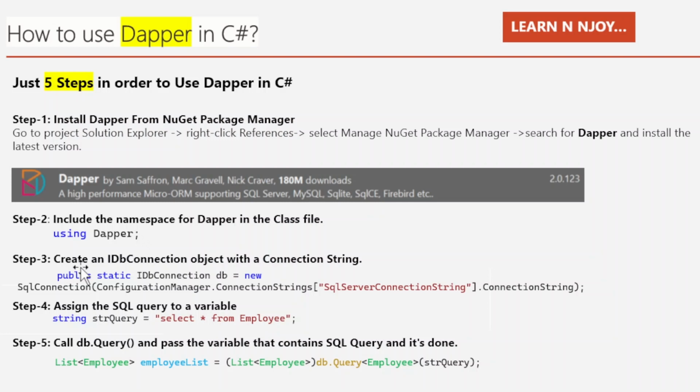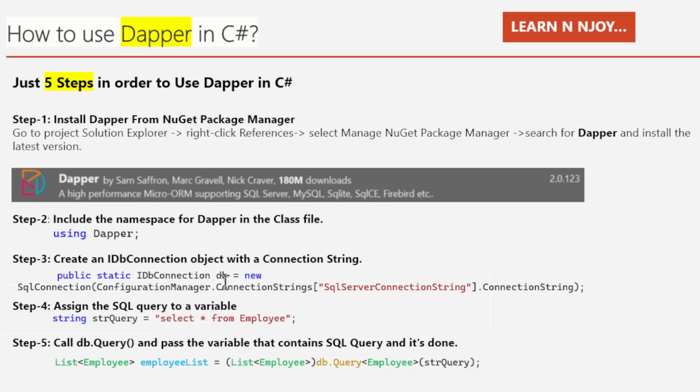In step 3, we need to create an IDbConnection object with a connection string. So we write something like this: public static IDbConnection db = new SqlConnection(ConfigurationManager.ConnectionStrings, and here we are passing the app settings SQL connection string .ConnectionString. Basically, I am creating an instance of SqlConnection, passing the connection string in the constructor and assigning its instance to the IDbConnection object db.